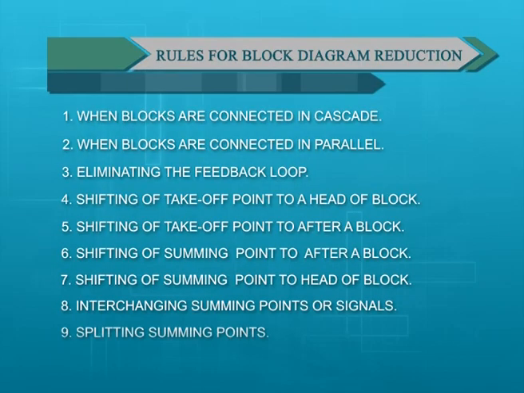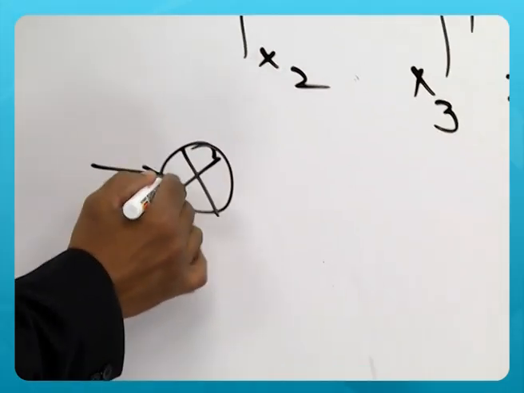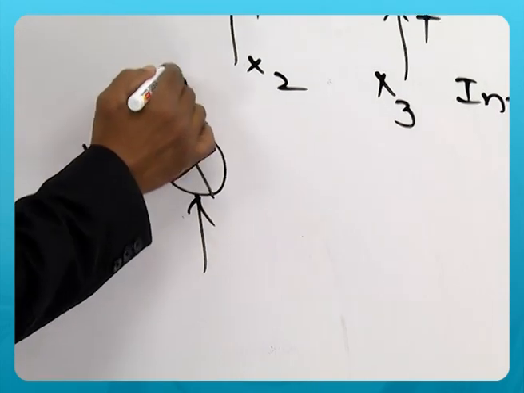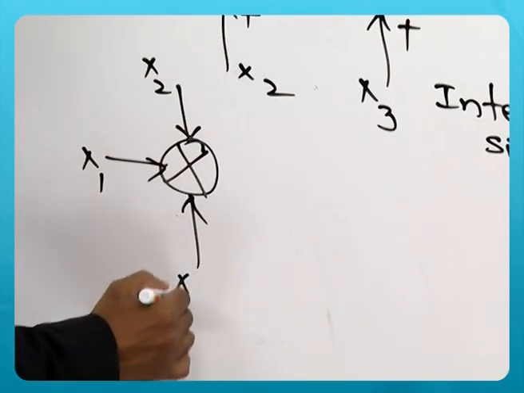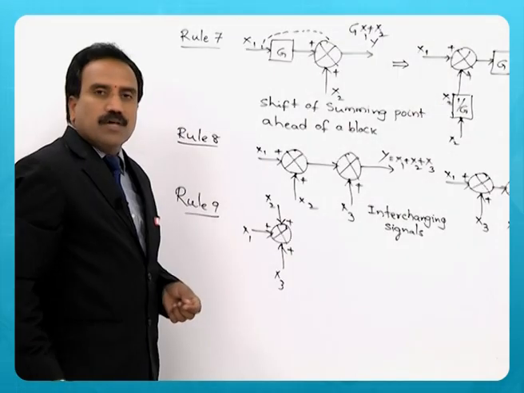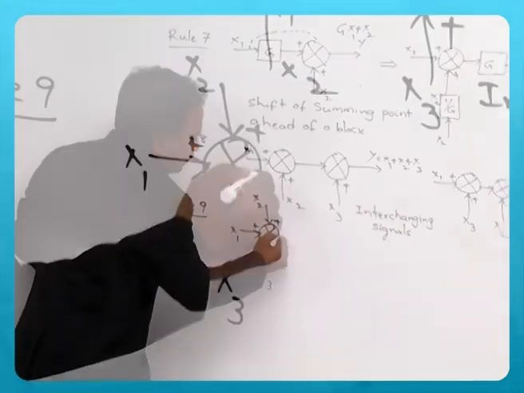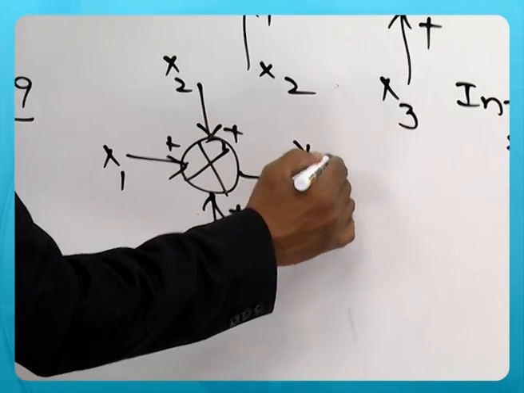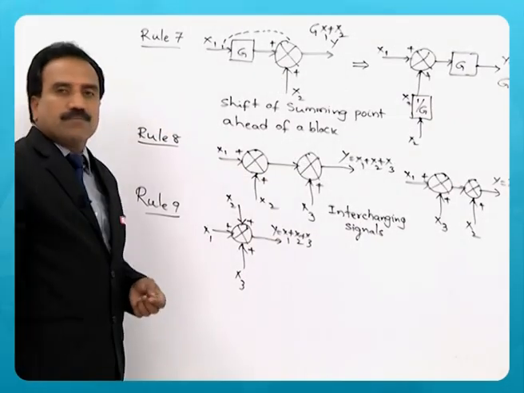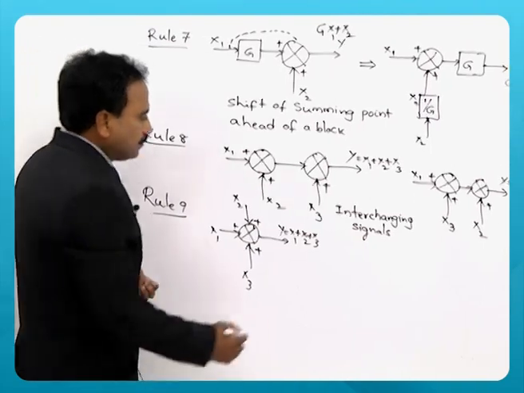Now, rule 9. Three signals are given to the summing point, and the output, of course, is the sum of all the input signals, x1 plus x2 plus x3.